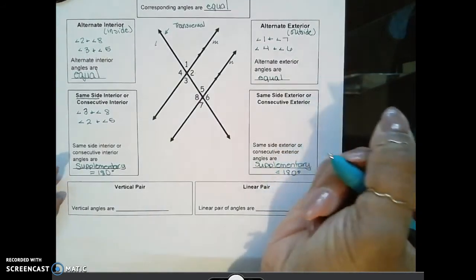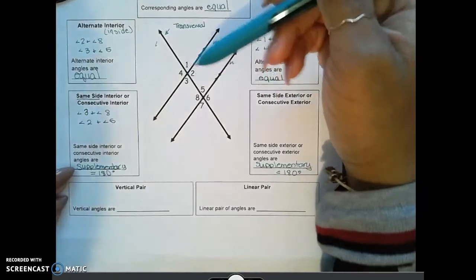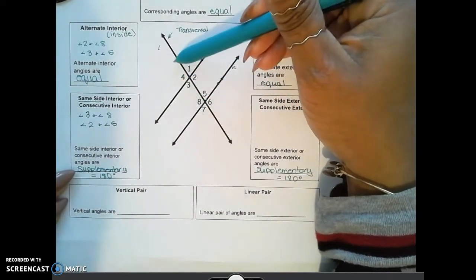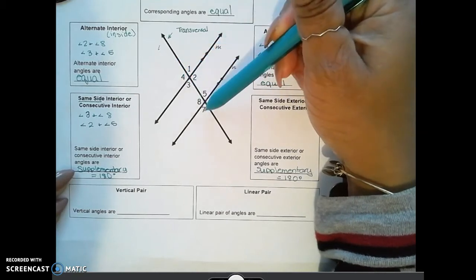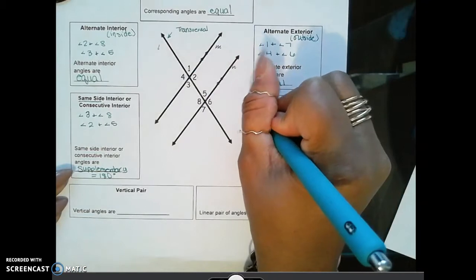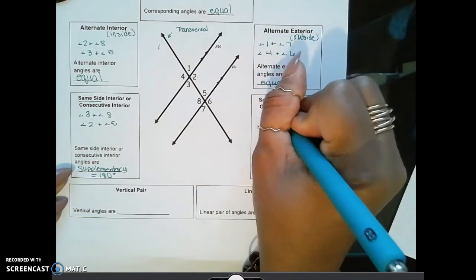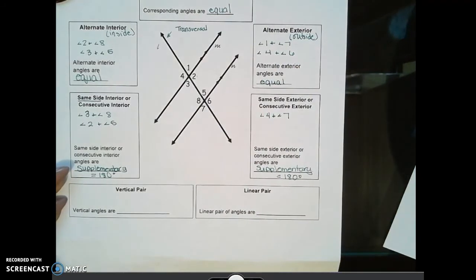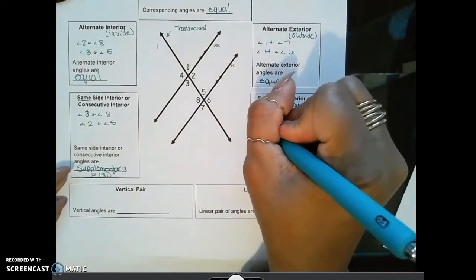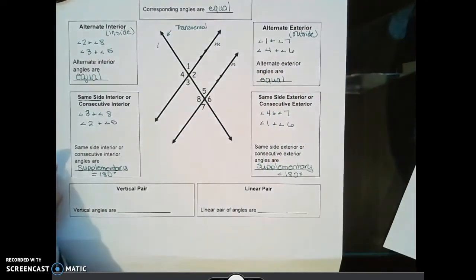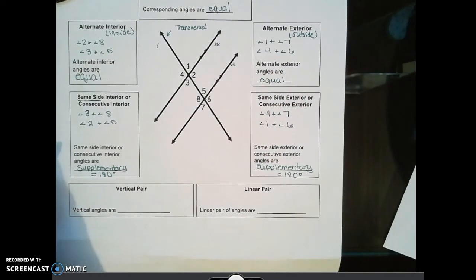The angles outside the parallel lines but on the same side of the transversal are angle 4 and angle 7, and angle 1 and angle 6. So if I add 4 and 7 together, whatever the angle measurements are, they will equal 180 degrees. And angle 1 and angle 6, excuse my dog, they'll also equal 180 degrees.